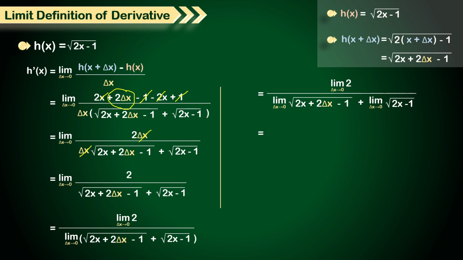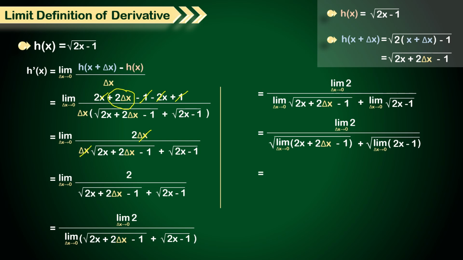Rewrite again the numerator and apply the limit property to the denominator, which is the square root of the limit of 2x plus 2 delta x minus 1 as delta x approaches 0 added to the square root of the limit of 2x minus 1 as delta x approaches 0.